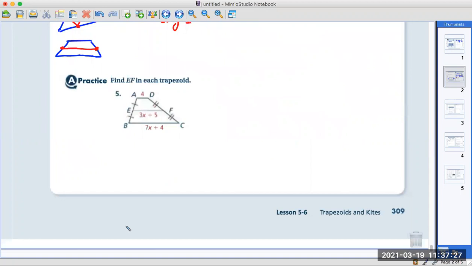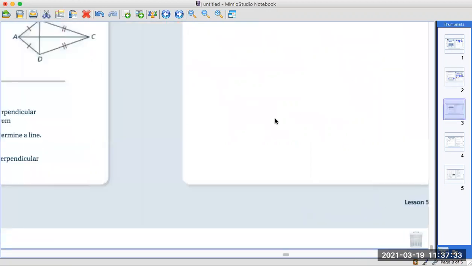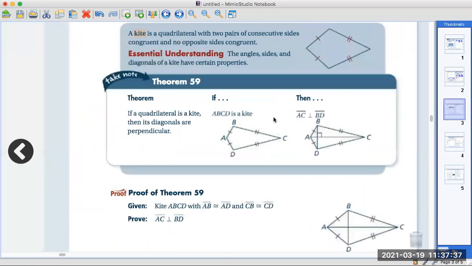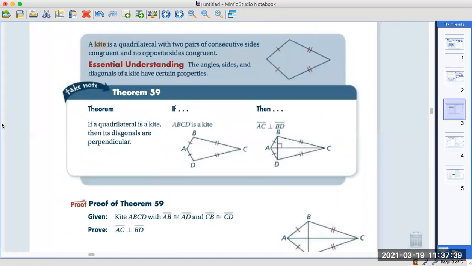This was page 309. Now we're on 310. In the middle of 310, now we're learning about a kite. A kite you've all flown, hopefully, at the beach maybe. A kite is a four-sided figure, a quadrilateral, with 2 pairs of consecutive sides congruent.